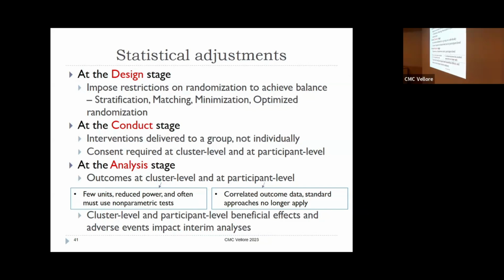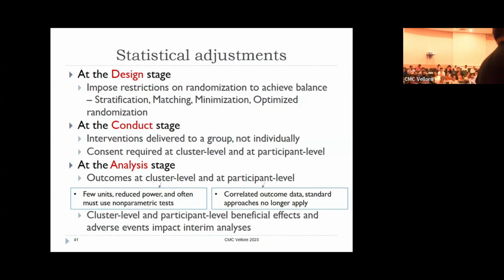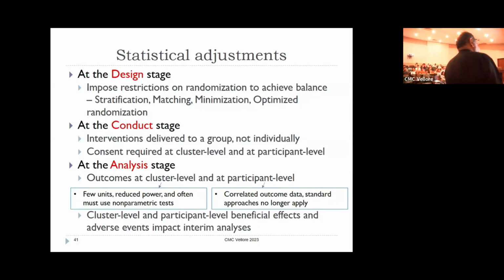What you're doing is basically trying to balance things on known confounders. We're doomed here on unknown confounders, just because we don't have enough units for that. But on known confounders, we can stratify, we can match. There's this thing called minimization and optimized randomization. We'll talk about that after lunch.